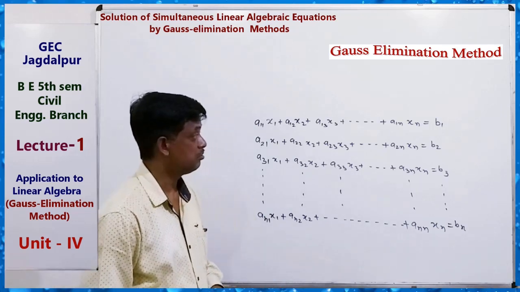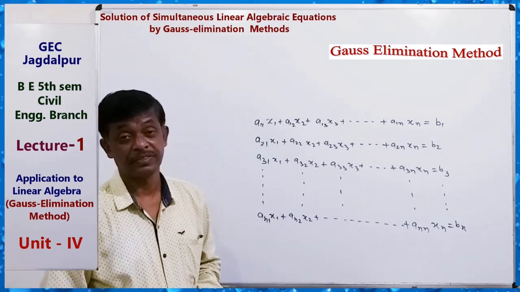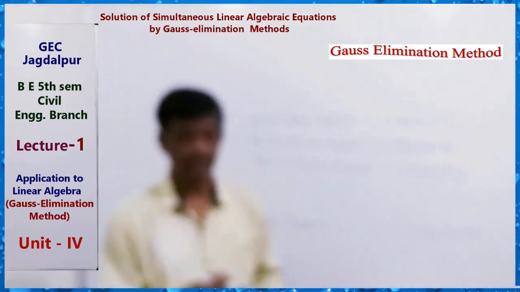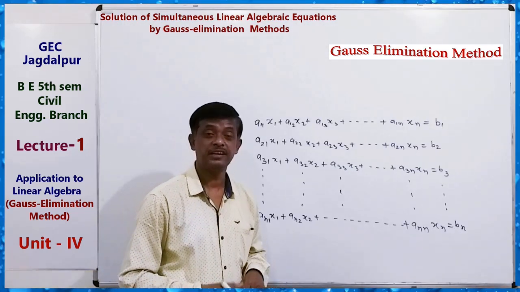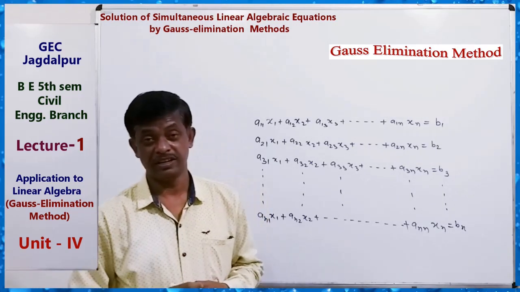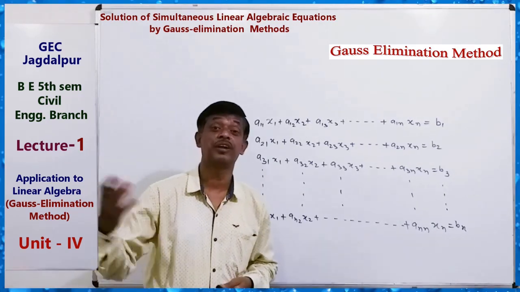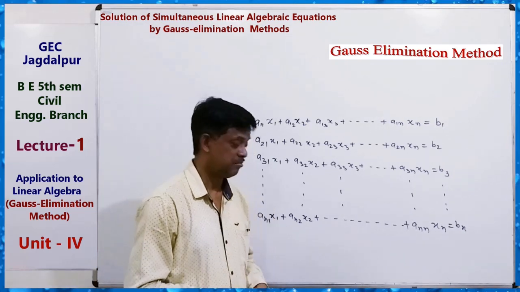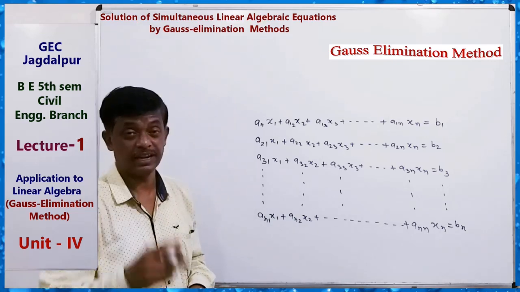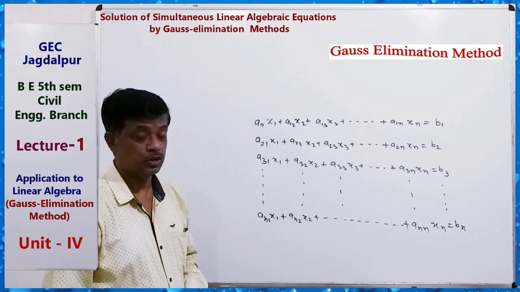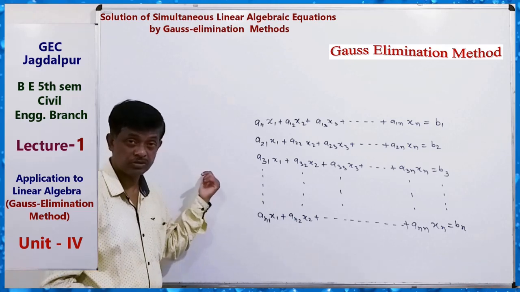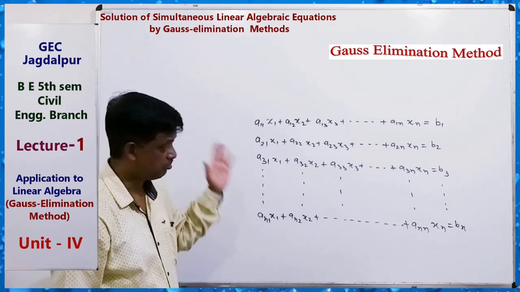So for numerical solution, the same type of process is repeated, and by doing that we can get the solution. Because the same process repeats, we can write a computer program for it. So the first method is the Gauss elimination method, where we eliminate unknowns. We will take questions involving 3 unknowns and 4 unknowns for better understanding.